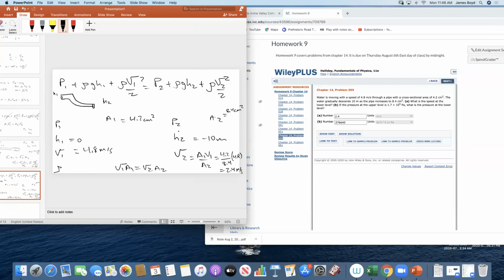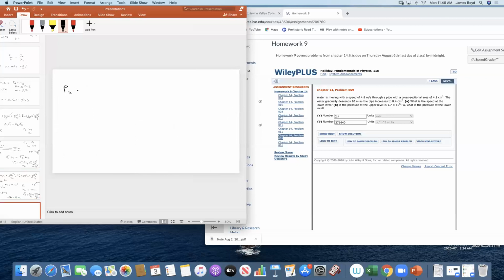And then they say, oh, the pressure up here is 1.7 times 10 to the 5th pascals. What is it at the bottom? Okay, so we want P2. And P2 is going to be P1 plus rho g (H1 minus H2) plus rho V1 squared over 2 minus rho V2 squared over 2.